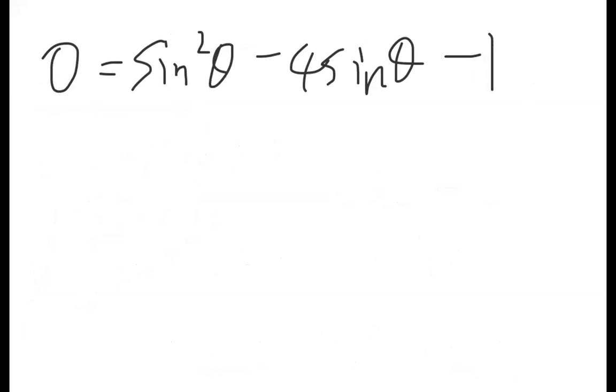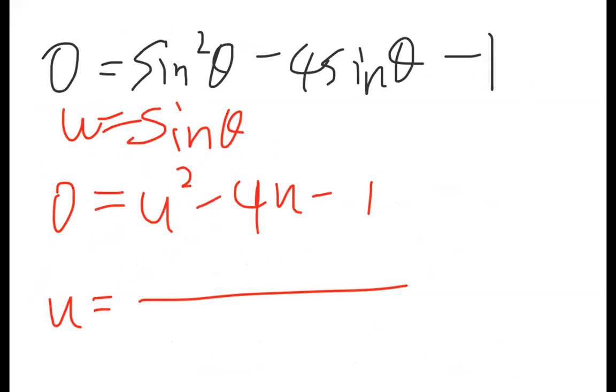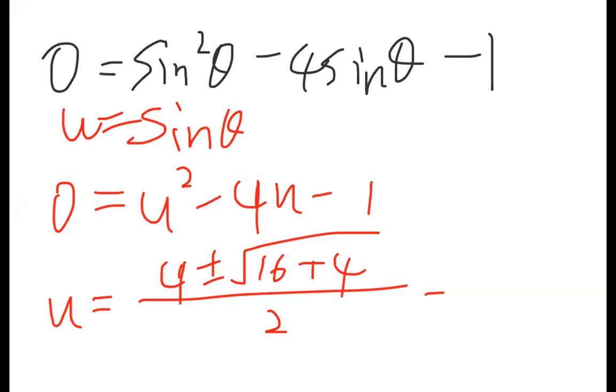So now you have u equals sine theta. You replace everything by u. So we have 0 equals u squared minus 4u minus 1. Okay. Then you solve by using the quadratic formula.